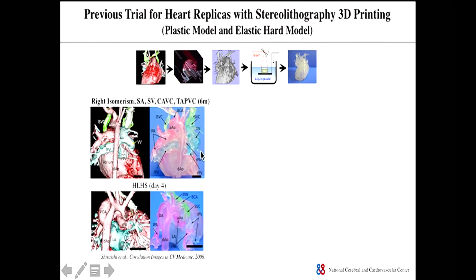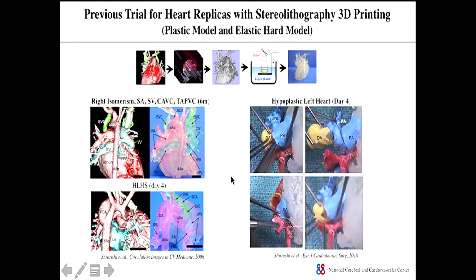In 2006, we made a very hard plastic model of congenital disease: right isomerism, single ventricle, TAPVC, and hypoplastic left heart syndrome. The anatomy of this complicated structure was reproduced accurately. But we were not able to do simulation surgery because these models were made of very hard plastic.